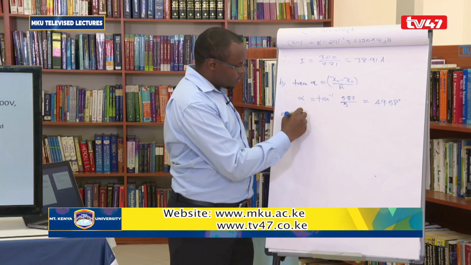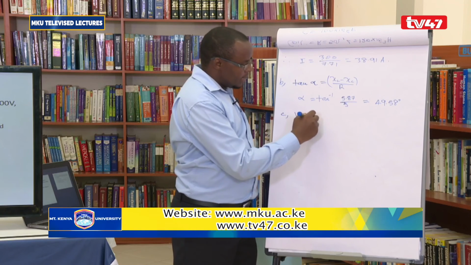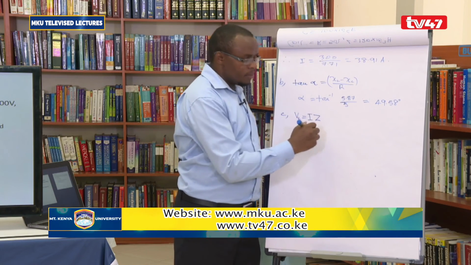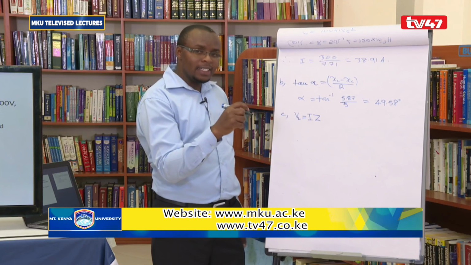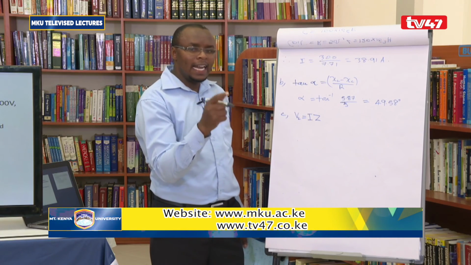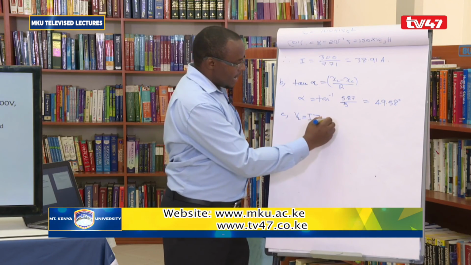The voltage across the inductor is going to be given by the current times the impedance of that coil, because it has got a resistor and an inductor.